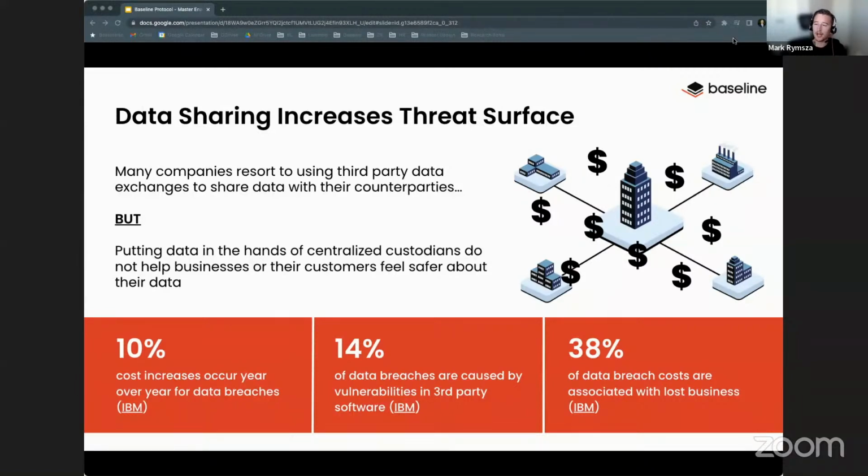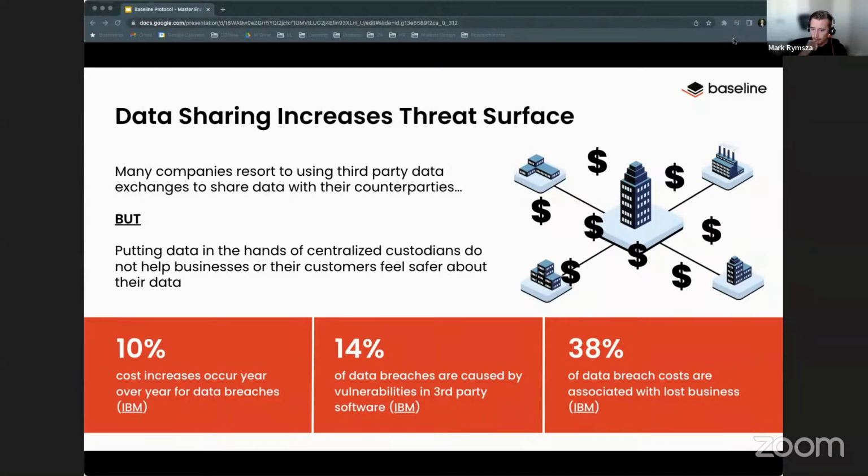It would be nice to collaborate, but really, at what cost is this collaboration happening? There are some stats on the bottom of the screen from IBM. There's a 10% cost increase every year for data breaches that companies encounter. And 14% of these data breaches are caused by what we're showing on the screen here, the vulnerabilities that exist in the third-party software or portals that you would be using to share this data.